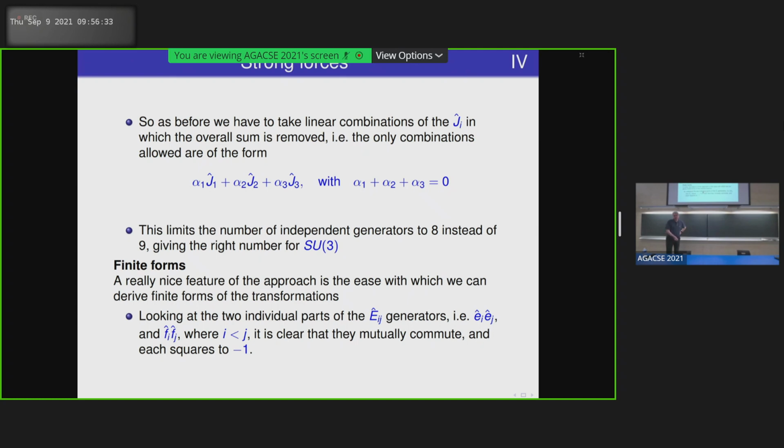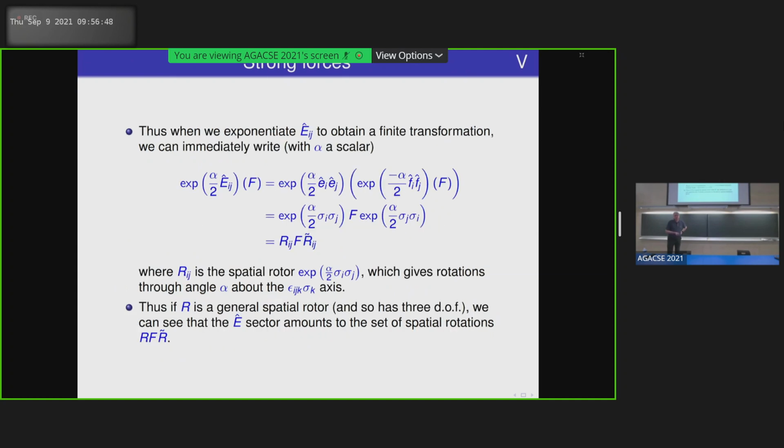So, for example, if you look at the two individual parts of the E_ij generators, which is little e_i, little e_j, and little f_i, little f_j, it's clear they mutually commute, and each squares to -1. And so you can write down immediately that if you exponentiate the E_ij, the finite transformation you obtain is this rather nice rotor here. R_ij is a spatial rotor, alpha over 2, sigma_i sigma_j, and it just rotates your input F.